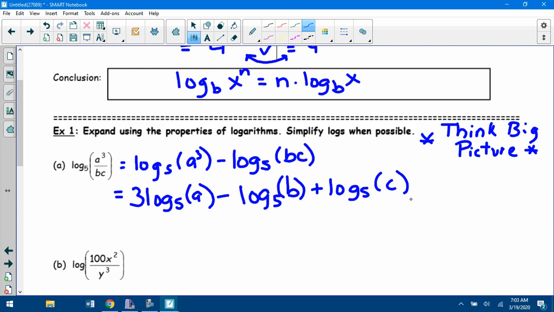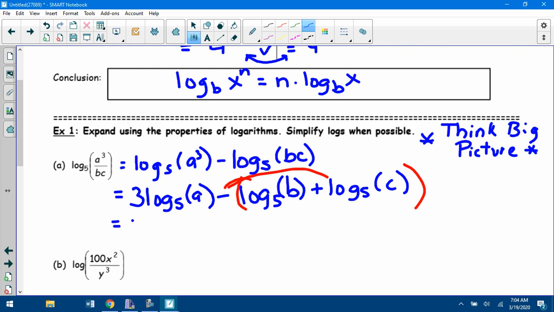Now, anyone having any thoughts about something that's wrong about how that's written right now? Well, it's kind of a subtle thing, but this whole second log was subtracted. So we need parentheses around all of this because this entire expression has to be subtracted still. So we need to distribute that negative through.